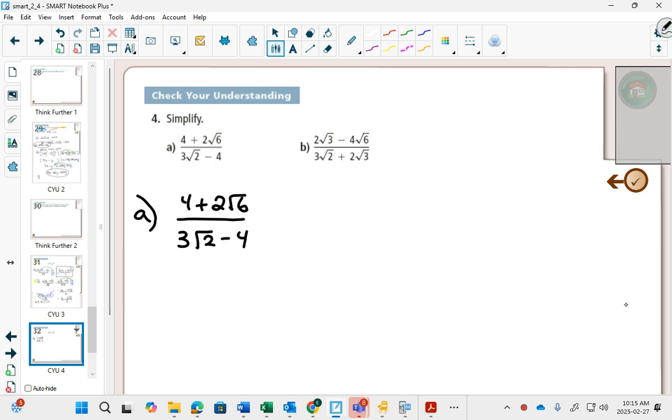Now, one thing that I did in my head, which you didn't even hear, because it was just quiet in my head, but one thing we always do when we're dealing with square roots is we want things in simplest form to begin with. So I checked every square root that was in this question and said, can I write it as a mixed radical in a more simplified form? No.